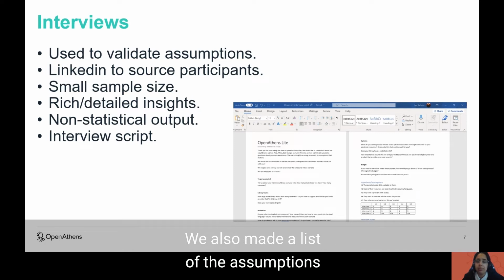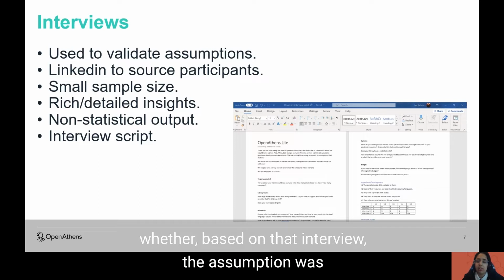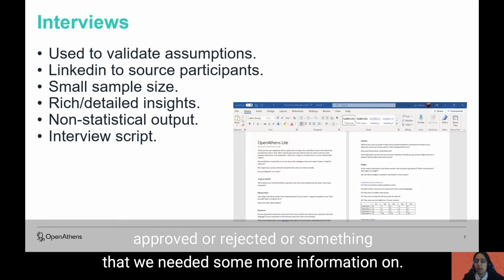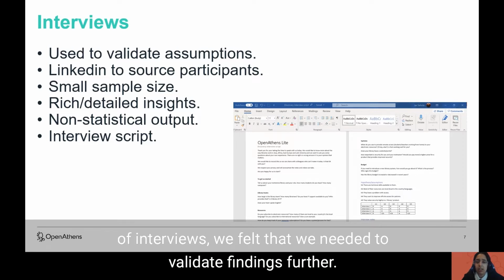We also made a list of the assumptions, and so after each interview we could go through each of them and decide whether, based on that interview, the assumption was approved or rejected, or something that we needed some more information on.